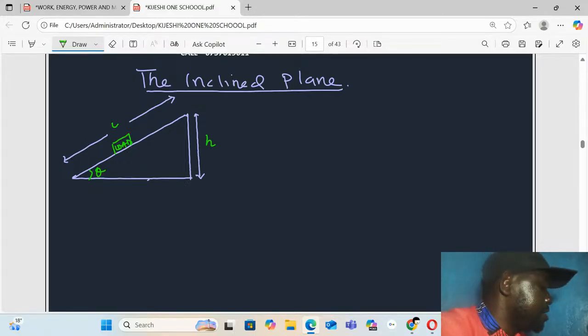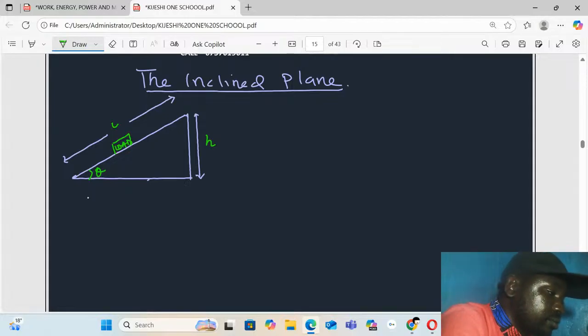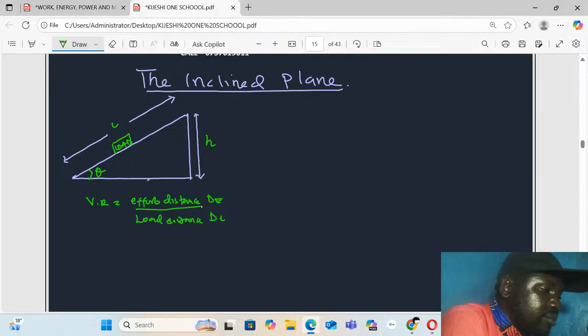So if you look at it very well, then we shall say that velocity ratio will be given by the effort distance, as we said, which is dE, over the load distance, dL.